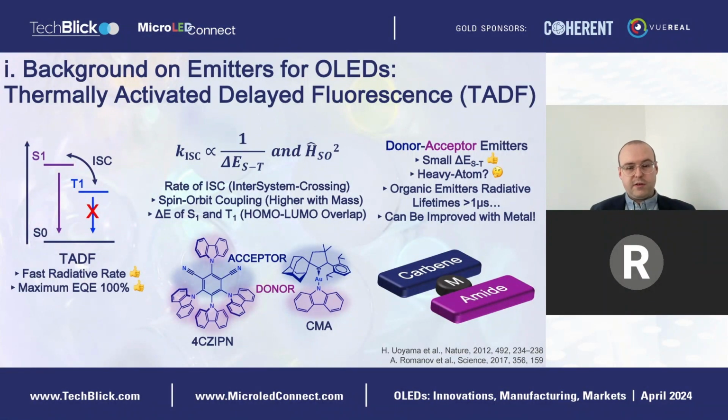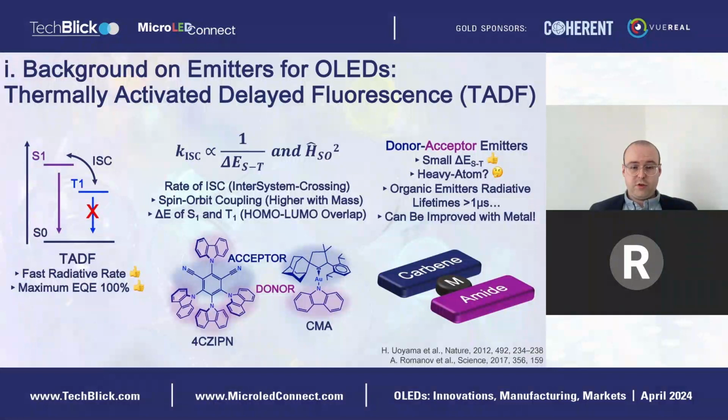It's called thermally activated because this intersystem crossing, or ISC, is thanks to the thermal energy, which allows the up conversion. So what determines the rate of the intersystem crossing? There are two fundamental parameters that we can change. The first is the energy difference between the singlet and the triplet.